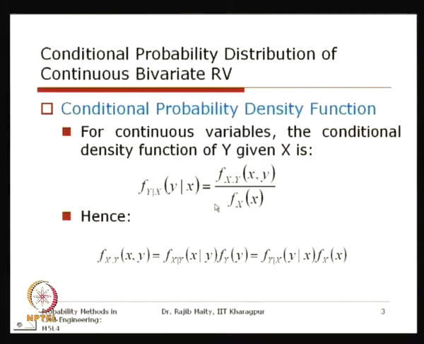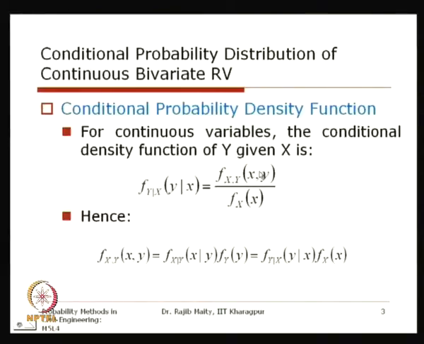So, the expression for the conditional distribution says that if f x y is the joint distribution, divided by the marginal of the random variable on which it is conditioned, we get the conditional distribution.